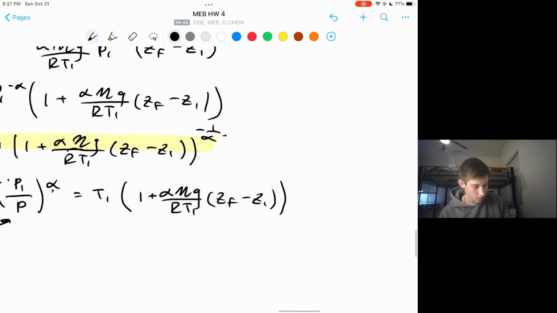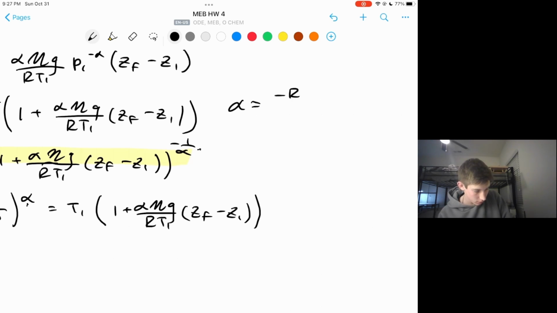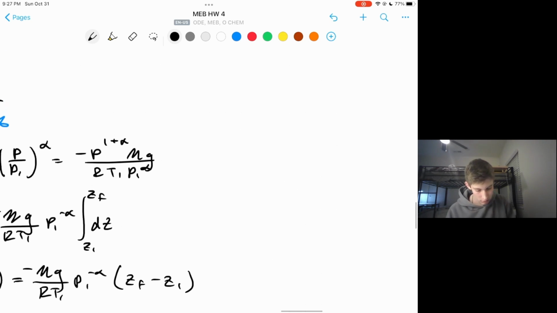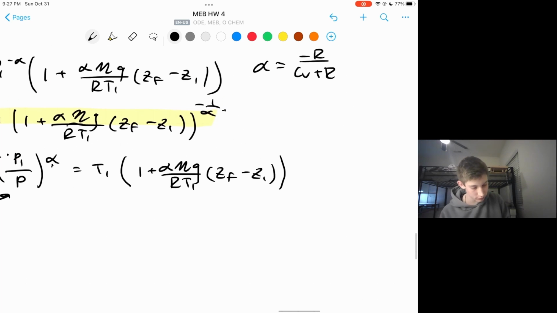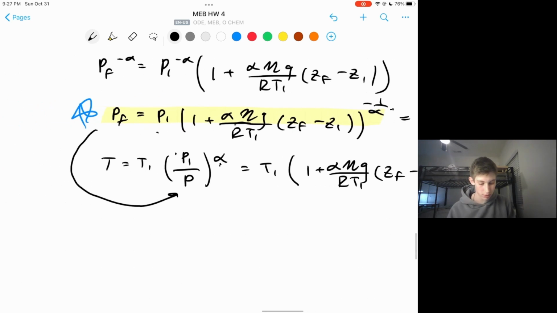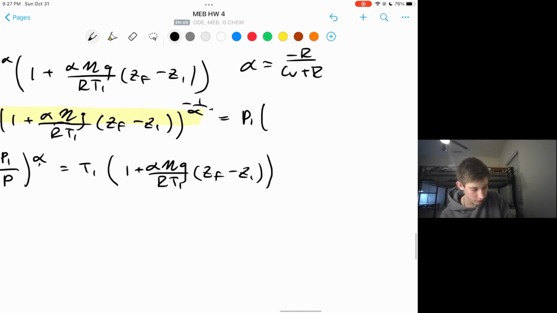So to make a substitution for alpha, which I will do for this equation too, is negative R over Cv plus R. To confirm that that's correct, yes. So I'll expand the pressure equation so it's not in terms of alpha.